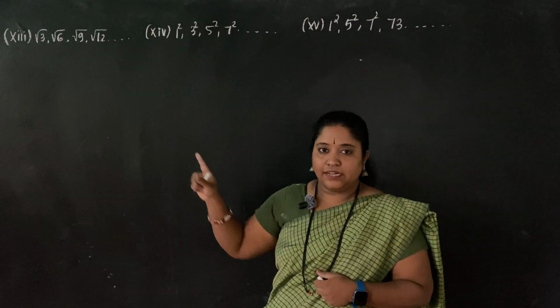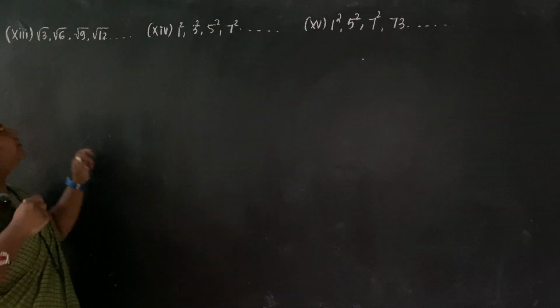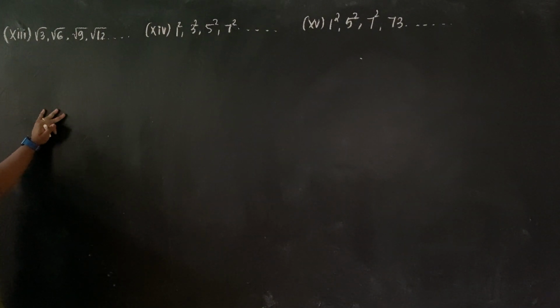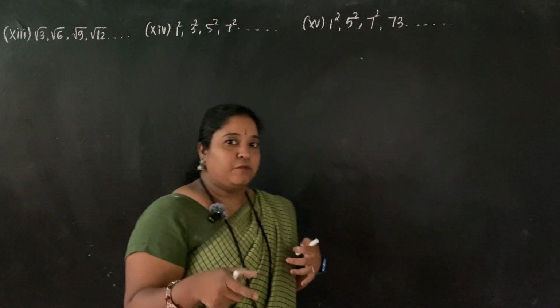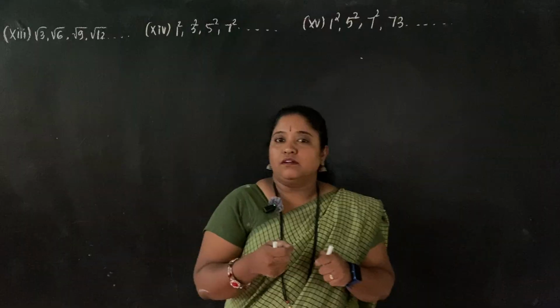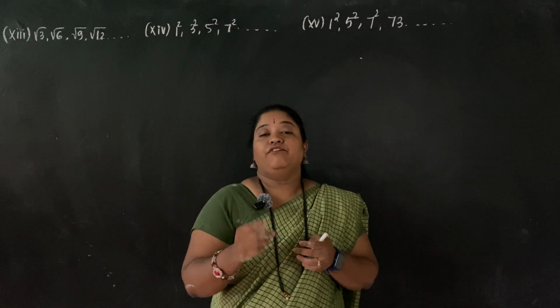Okay, now see here, the next question will be the 13th question. The 13th question is root 3, root 6, root 9, root 12. Like the previous one, it also has roots. And I told you, do not take the decision as soon as possible, but keep it in mind for a moment. Okay, and after that, try to simplify it if it is possible.